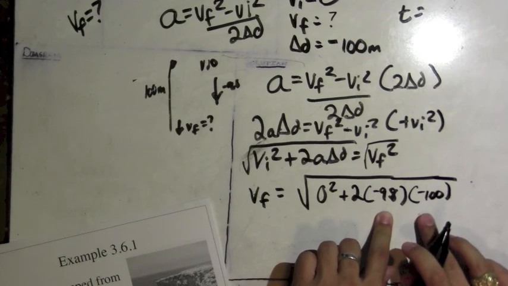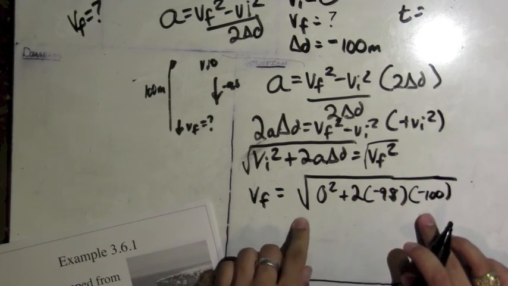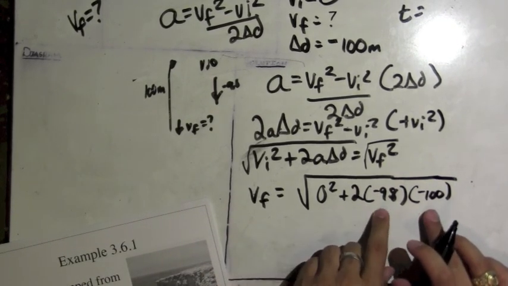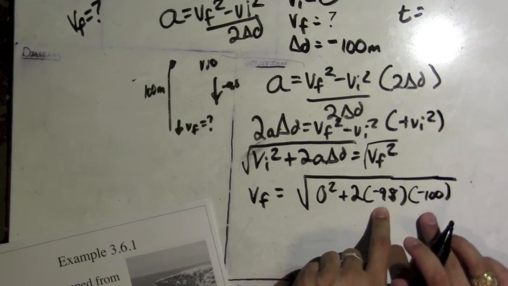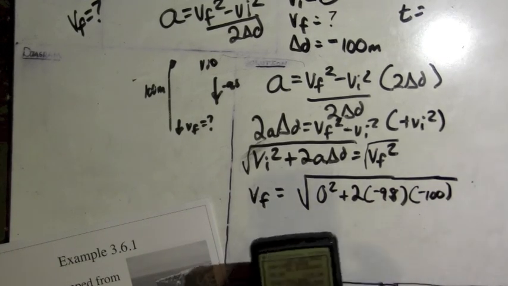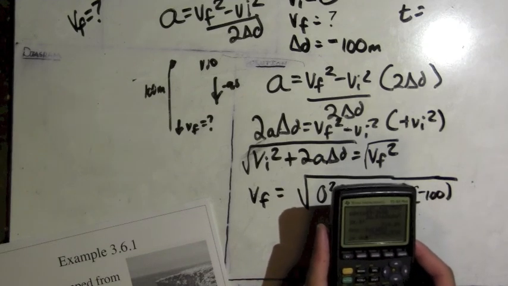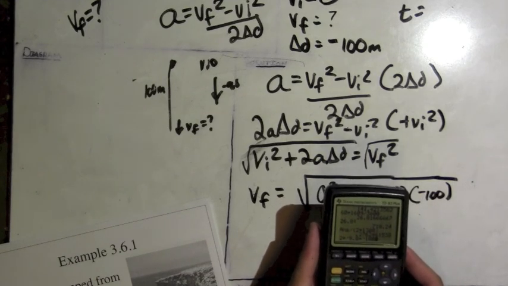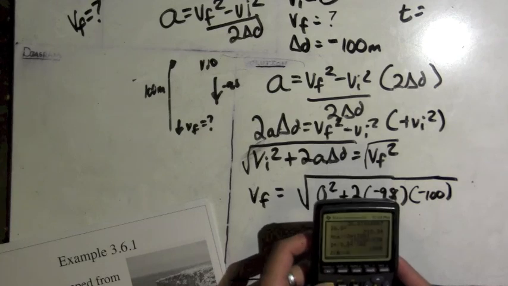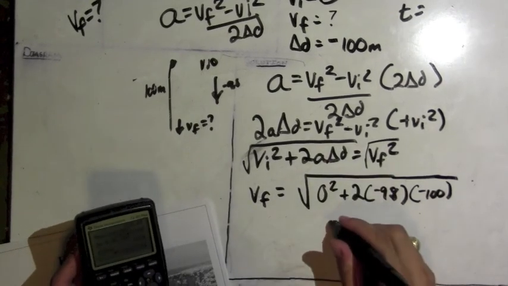These two multiply together and they're going to become a positive number, so that allows me to take the square root. If this is negative and this is positive, it doesn't work. You'll get an imaginary number. So 2 times negative 9.8 times negative 100, we take the square root of that and we get 44.3.